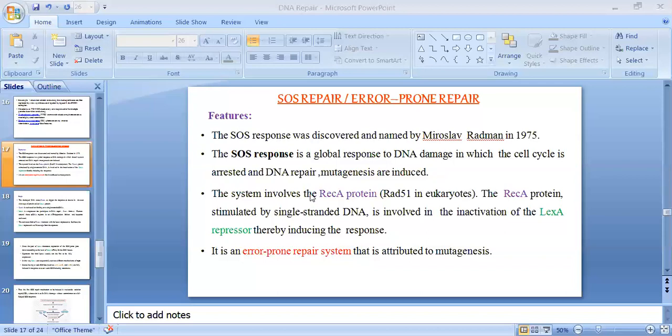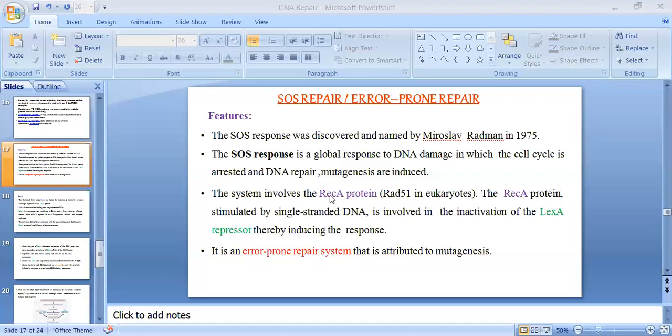The system involves the RecA protein, that is also called RAD51 in eukaryotes. RAD is from the scientist's name. The RecA protein, stimulated by single-stranded DNA, is involved in the inactivation of LexA repressor, thereby inducing the response. So these are the things you have to remember stepwise, the protein name and the repressor name.